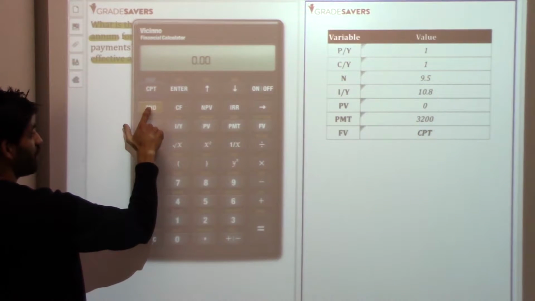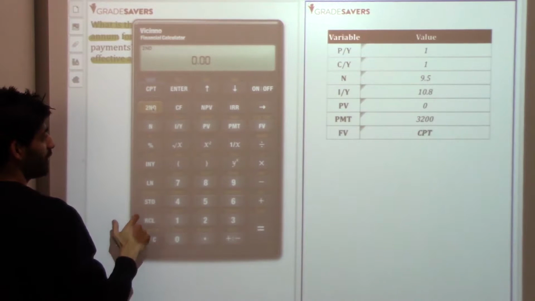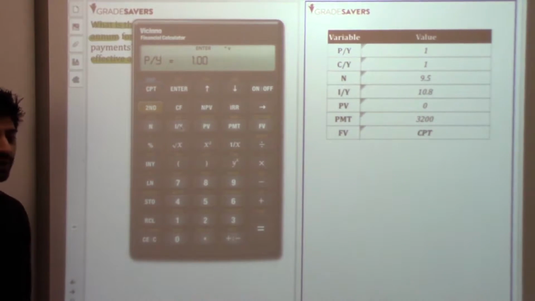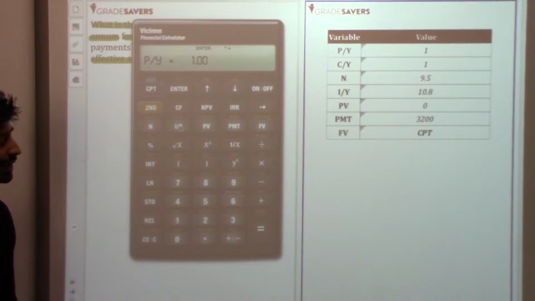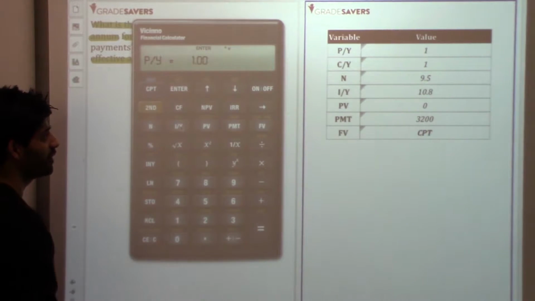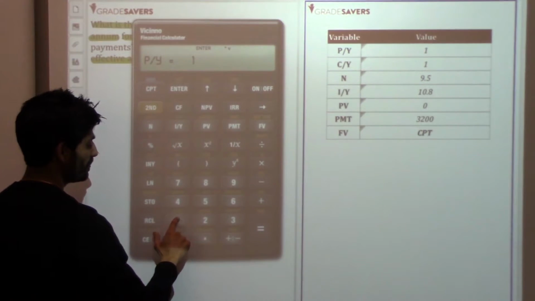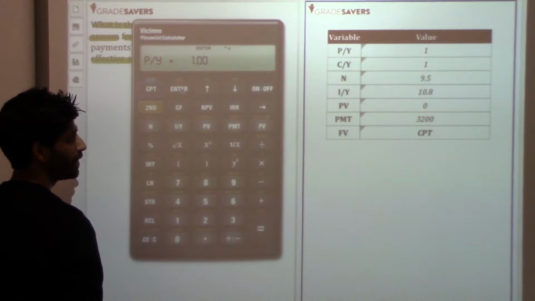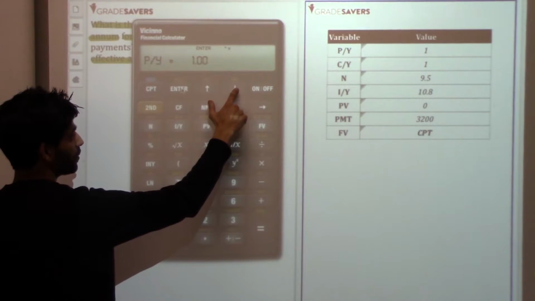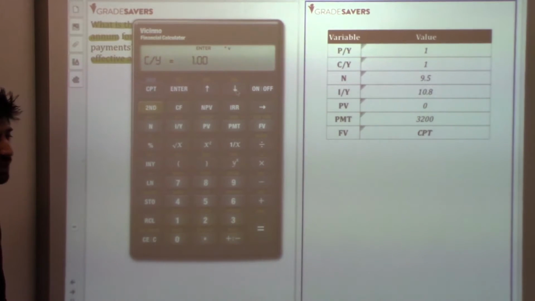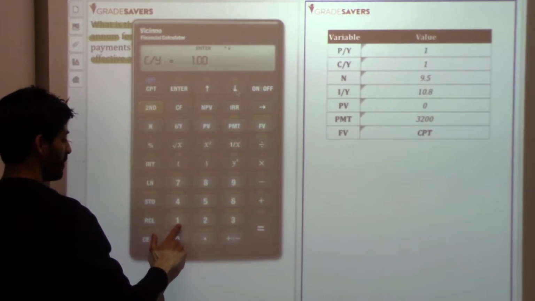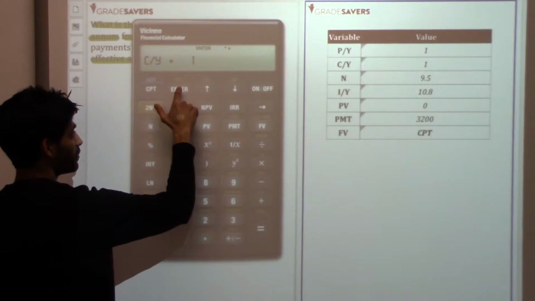To access PY, we're simply going to press second, followed by IY. Notice how on top of IY, it says PY. At this moment, it is going to say PY on the screen, and we're simply going to press 1, followed by Enter. If we press the down or the up arrow, it is going to show you CY. And once again, if we want a value of 1 for CY, we're simply going to press 1 followed by Enter.